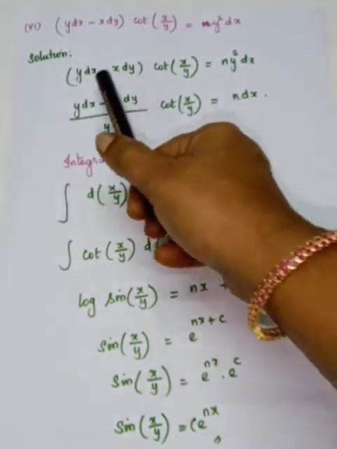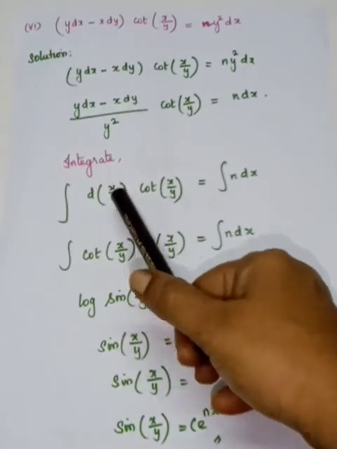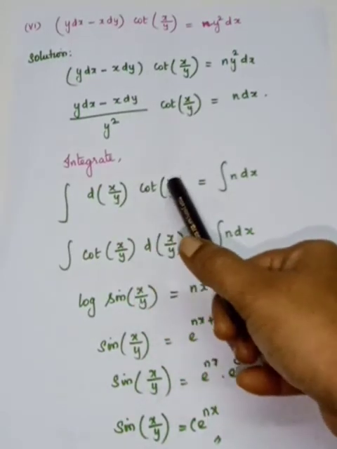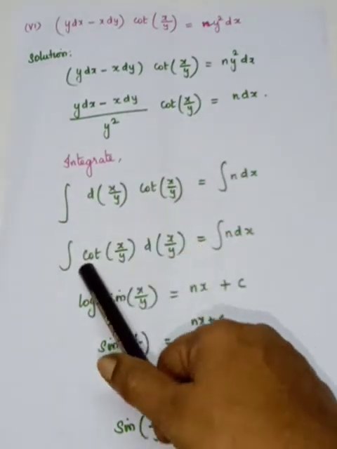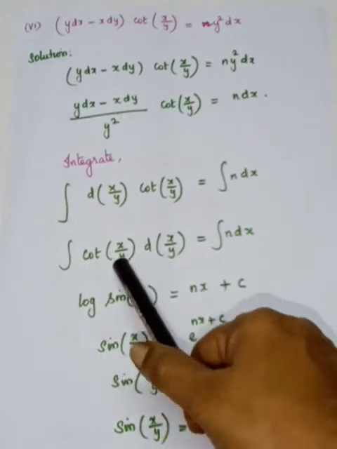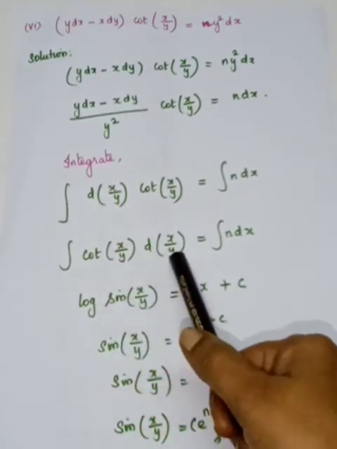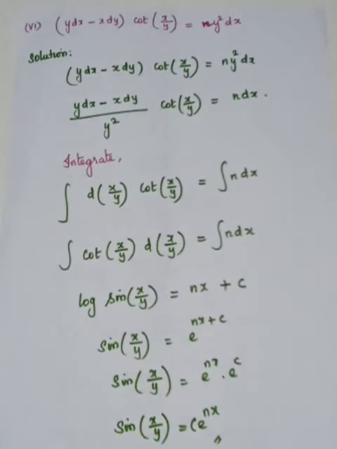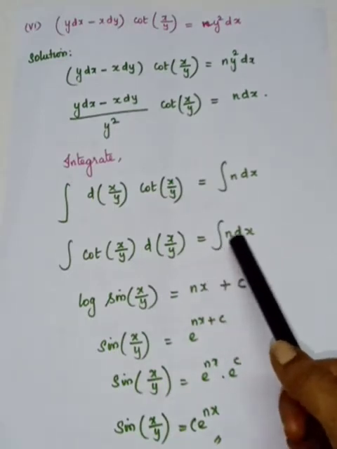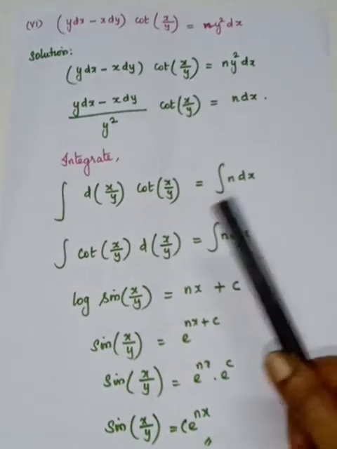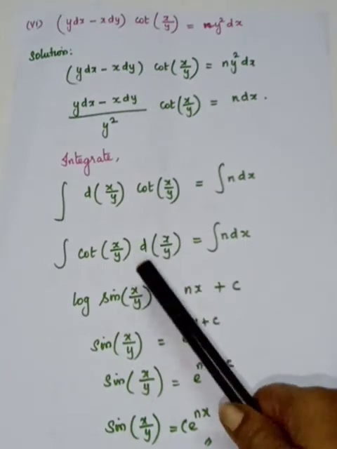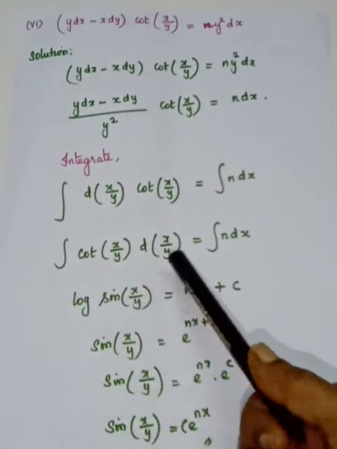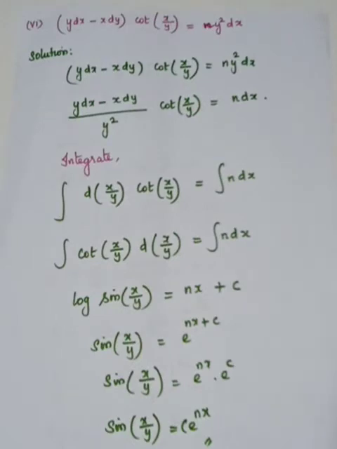So this is nothing but the differentiation of x by y into cot of x by y, that is equal to integral n dx. So this can be arranged as cot of x by y. This is the integrand. We have to integrate with respect to the variable x by y. So here, for cot of x by y, the variable of integration is x by y. If you integrate cot x dx, it is log of sin x.